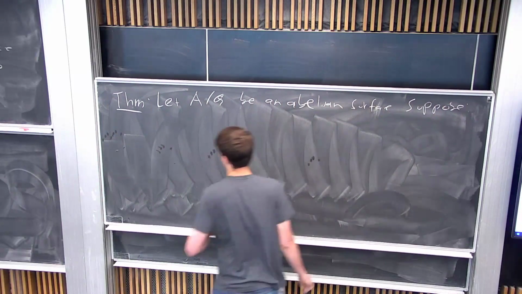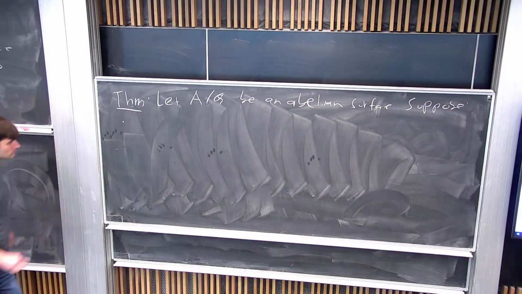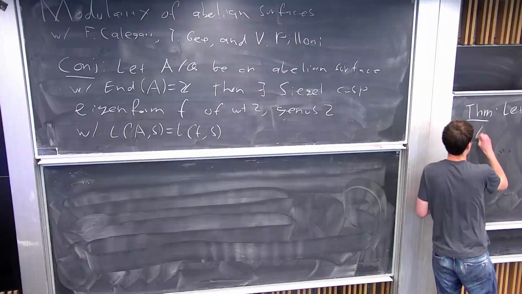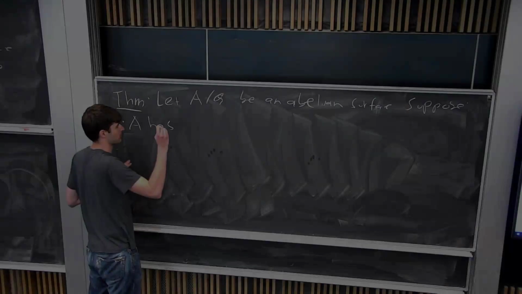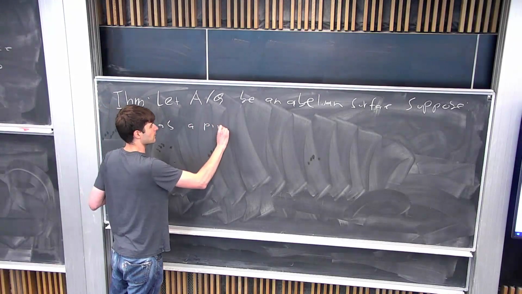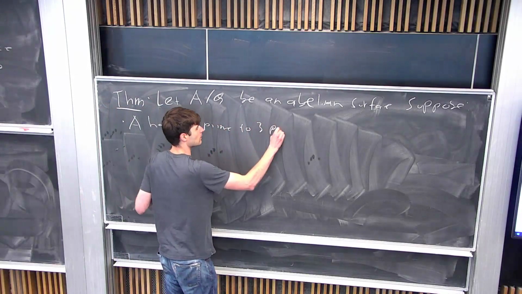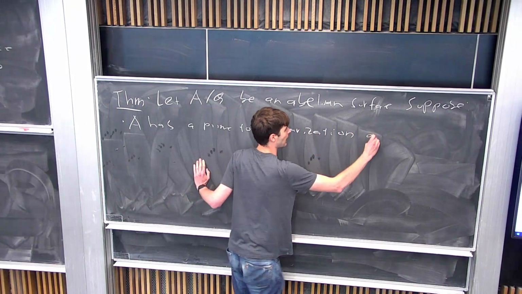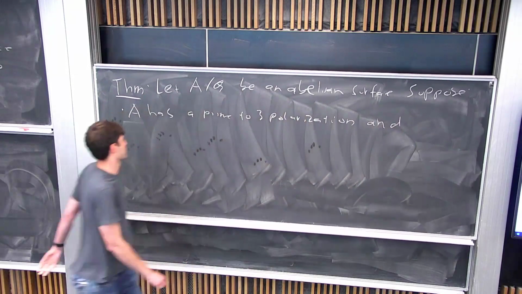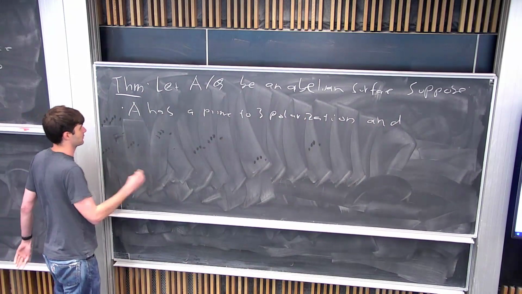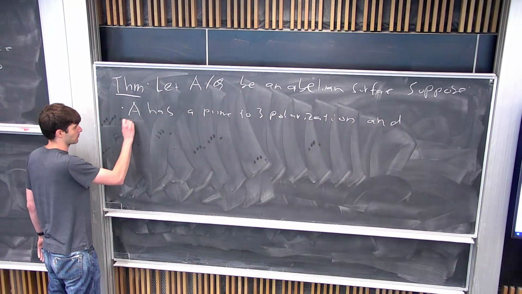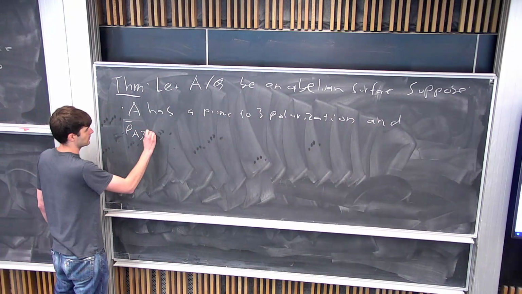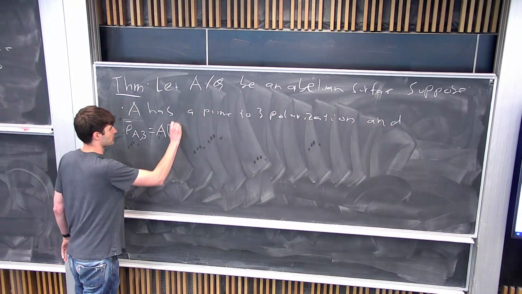First, I'm going to assume that A has a prime to 3 polarization. And moreover, and this is the important thing, the 3-torsion Galois representation is surjective. So I'm going to write rho bar A,3, which is the Galois representation on the 3-torsion.